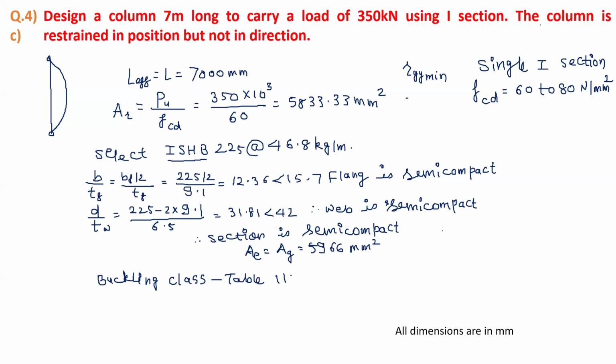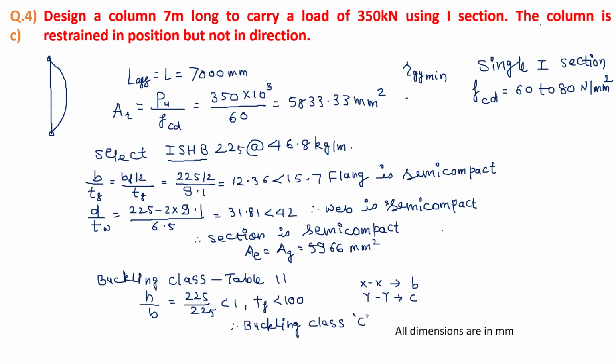And in this, we have H by B, 225 upon 225 less than 1, and then we have TF less than 100. Therefore, for XX axis buckling class is B, and for YY axis it is C, and therefore we have to take lowest. So we have buckling class C.